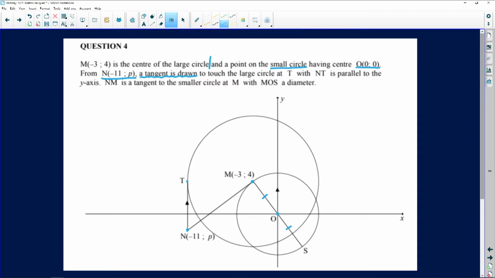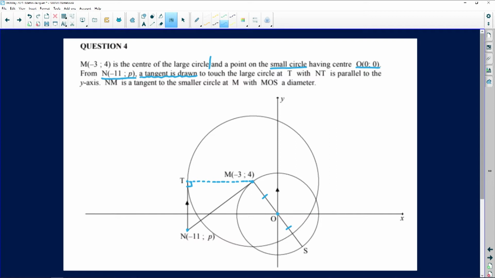If that is a tangent and it touches at T, I'm going to put this in as a dotted line, that this tangent will definitely be perpendicular to the circle at the point T.